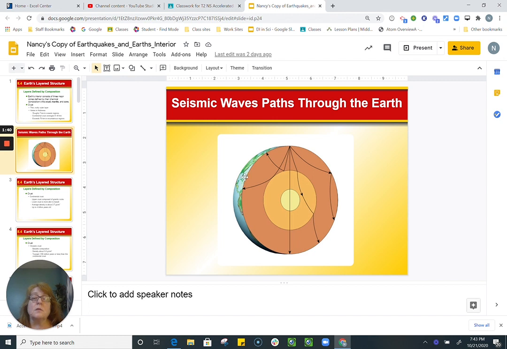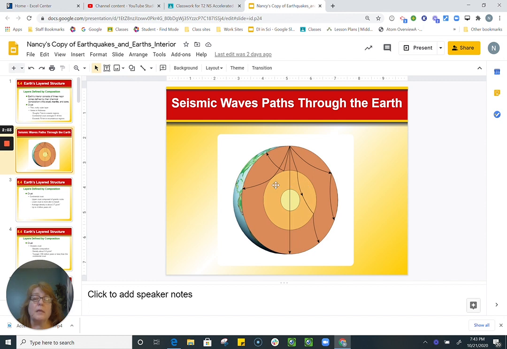So the land below the ocean is called oceanic crust, and then the crust that we walk on is called continental crust. Then we have a mantle, and then we have the inner core and outer core.